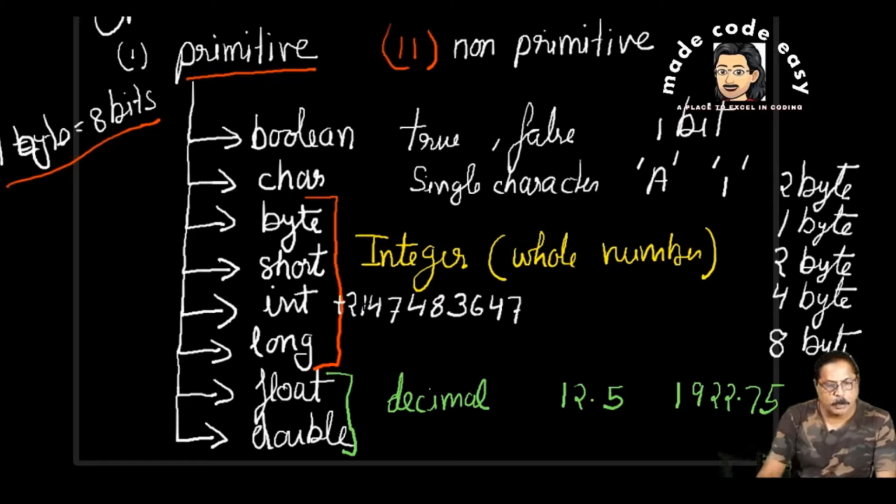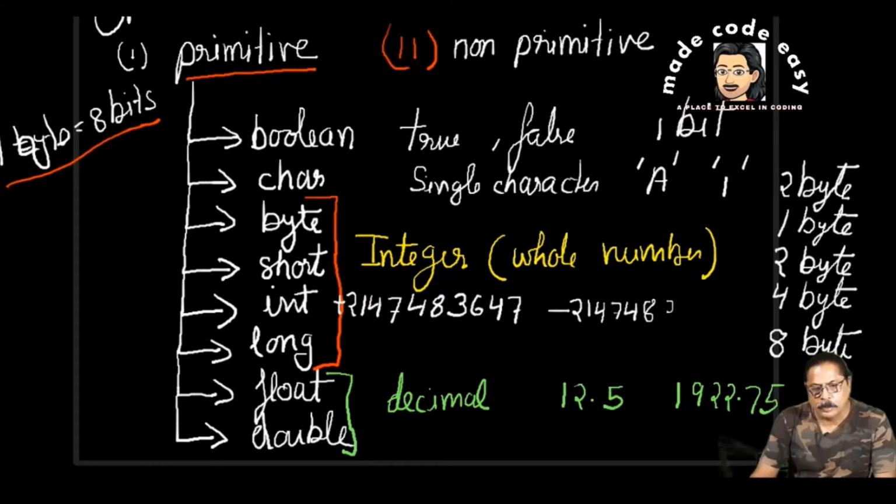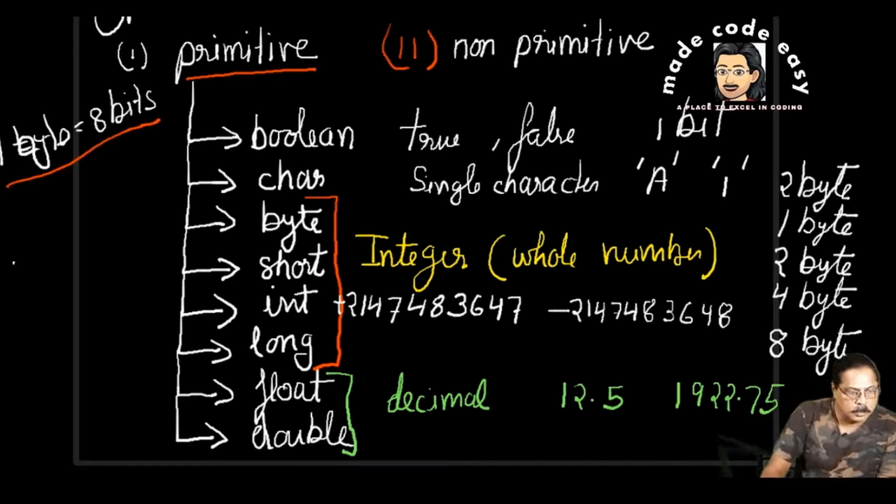You see, I am taking the positive one. And the negative is 2147483648. This means around 2 billion. Short takes 32767 for positive numbers and negative 32768. This is the range for short.